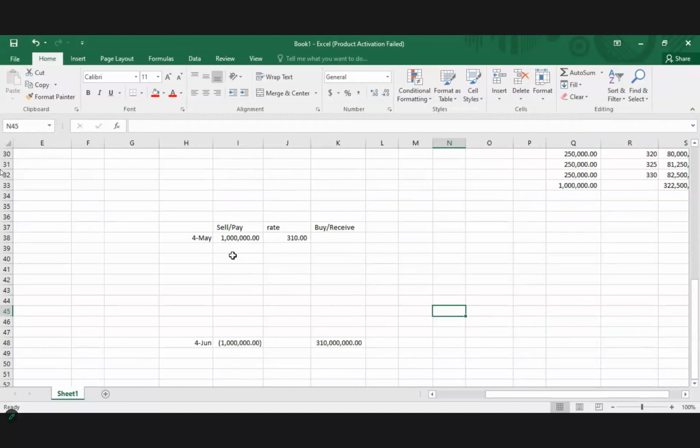So I would have bought dollars, right? Let's say in this situation, an export customer came and sold me forward dollars, value for June, right?